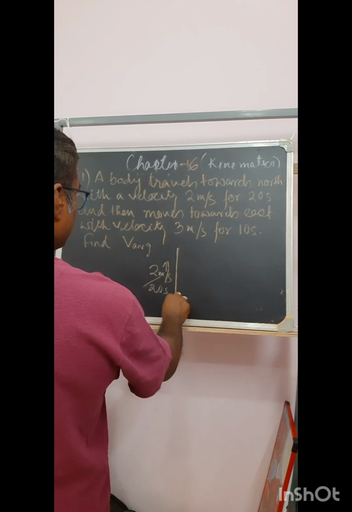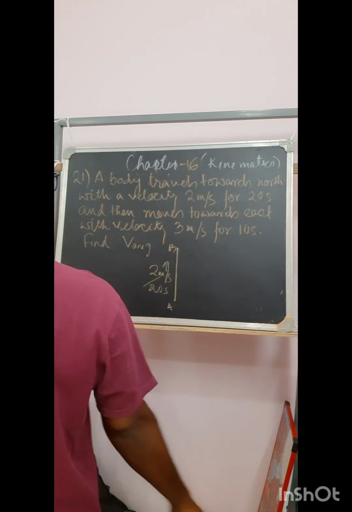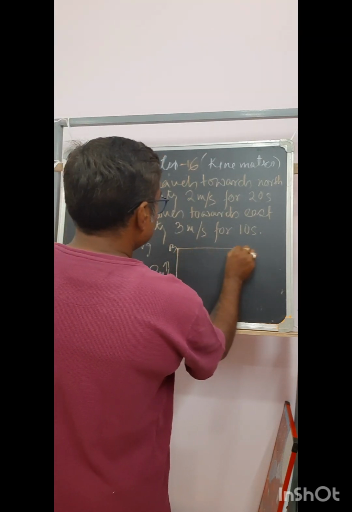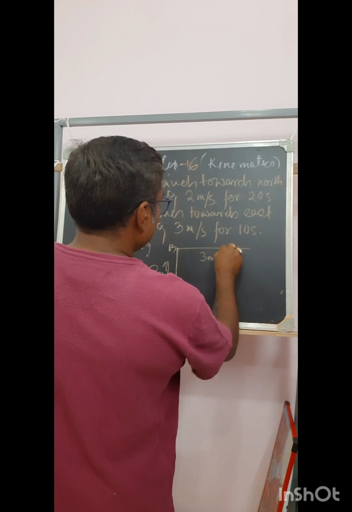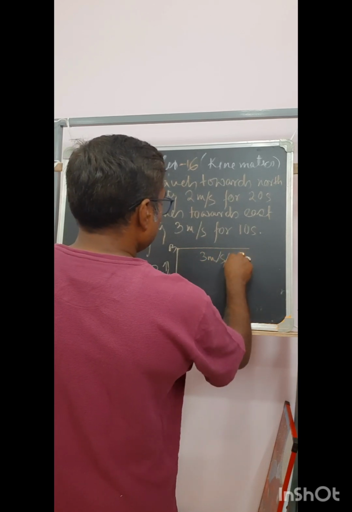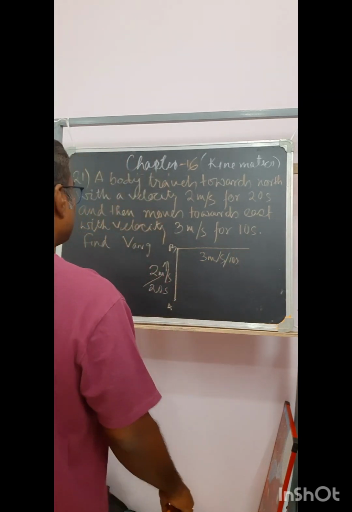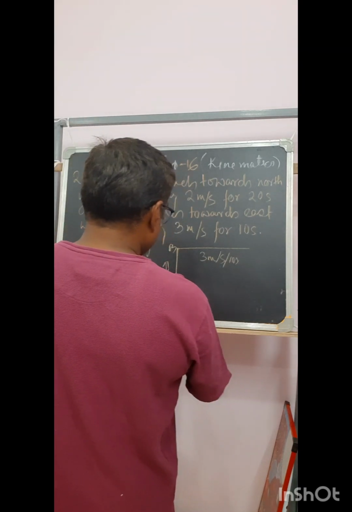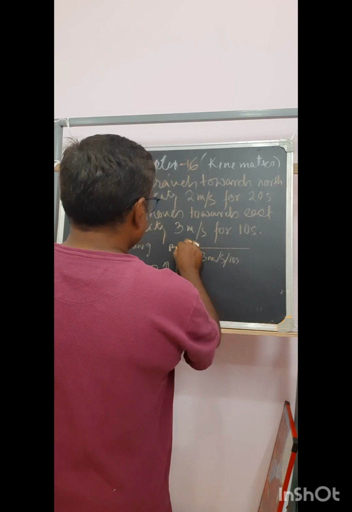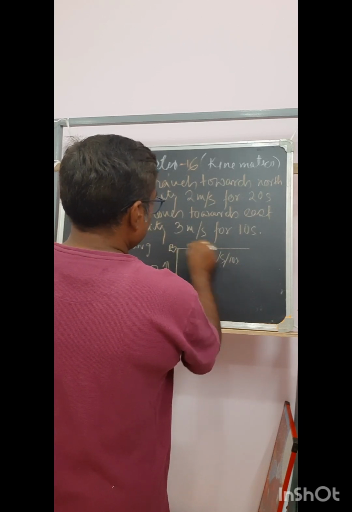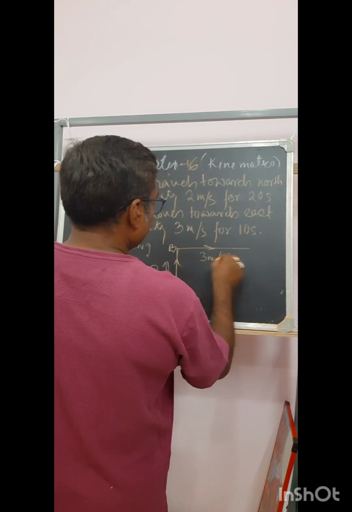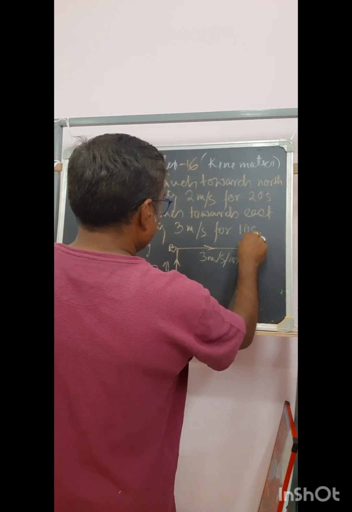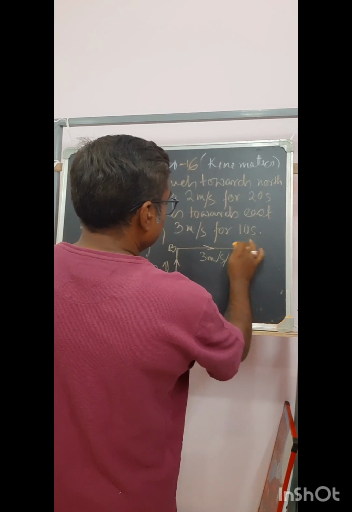Let's say we're starting from A, reaching B, and then moves towards east with 3 meter per second for 10 seconds. After reaching B, it has turned from the north direction to east and reaches point, let's say, C.